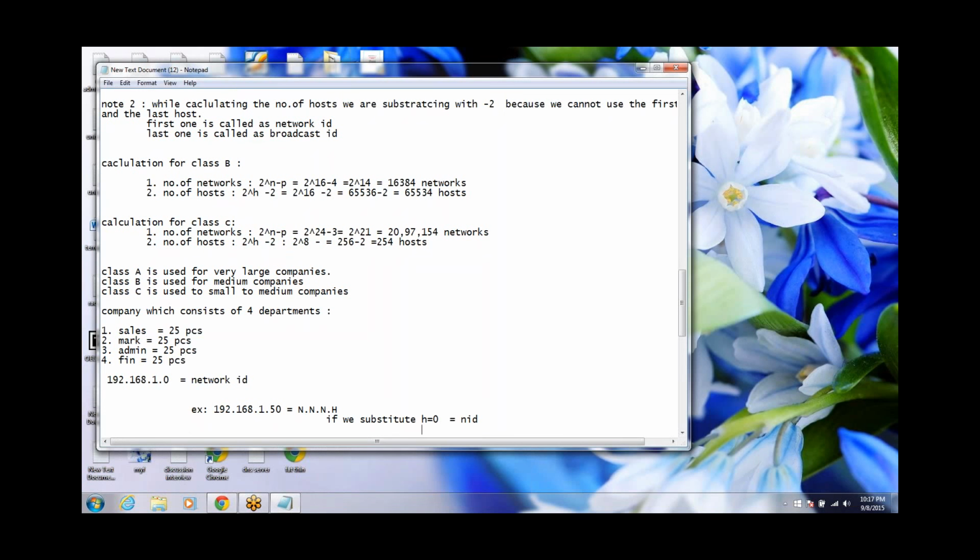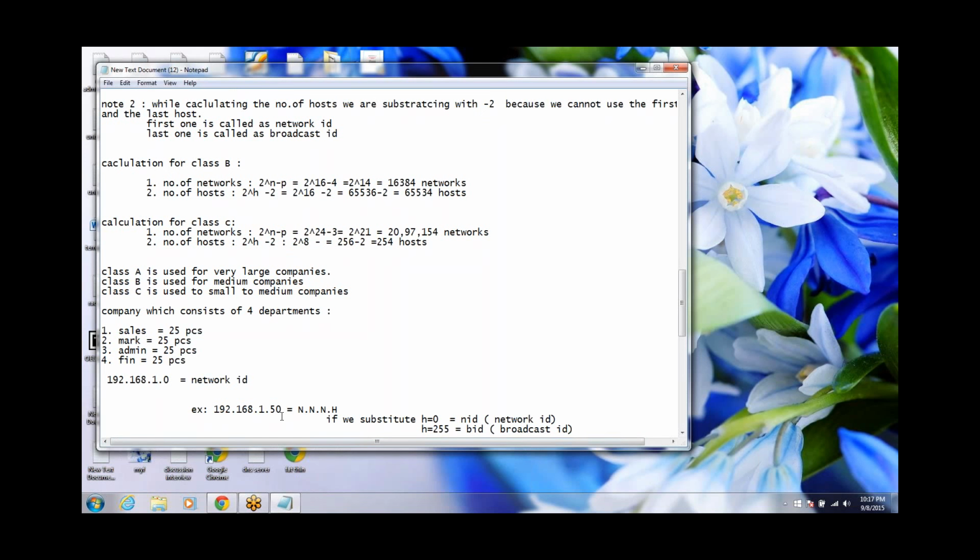And if we substitute H equal to 255, that becomes the broadcast ID. This NID is called your network ID, and this BID is called your broadcast ID.